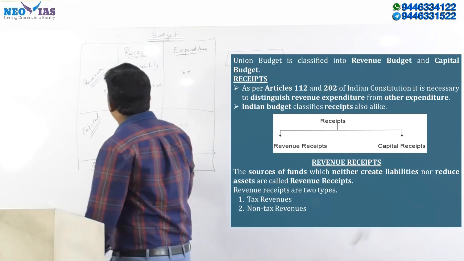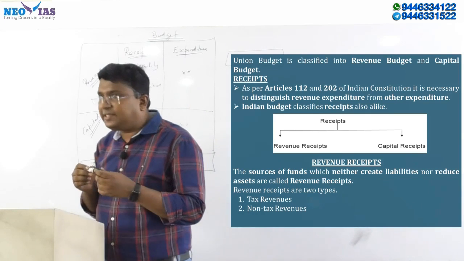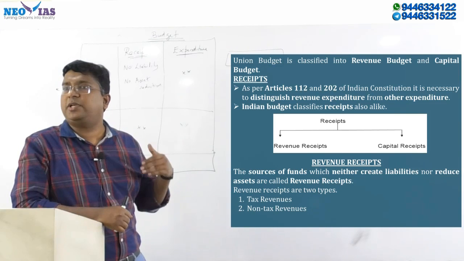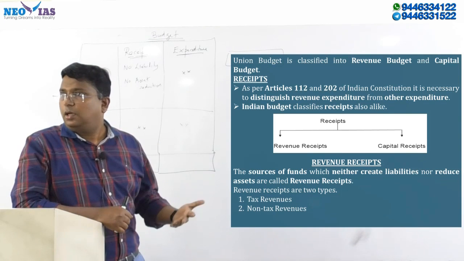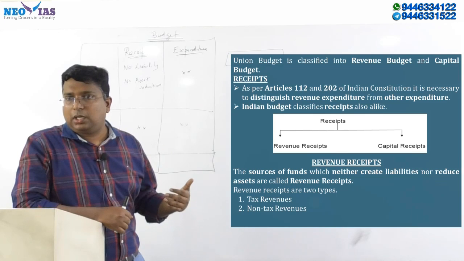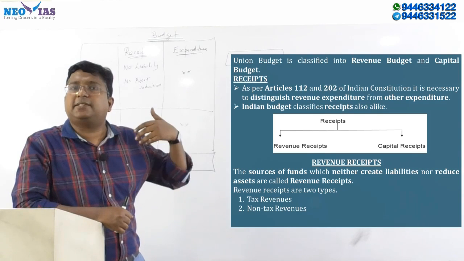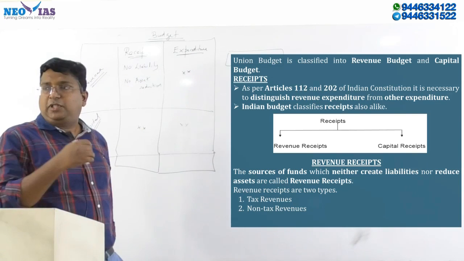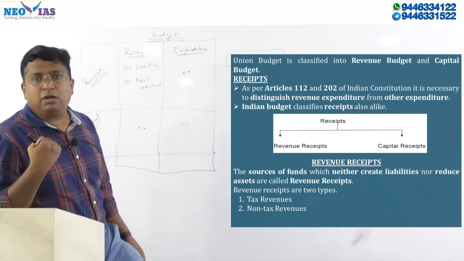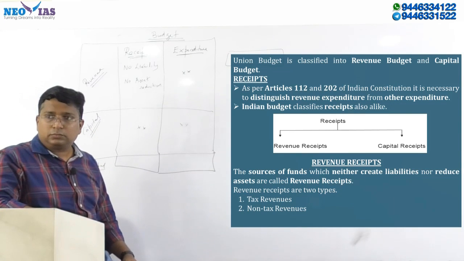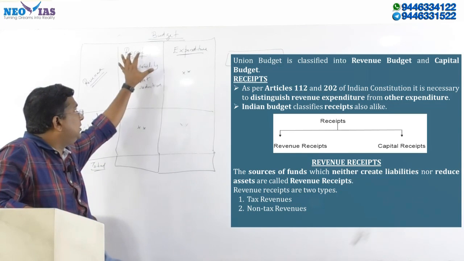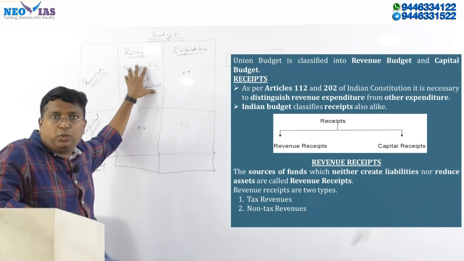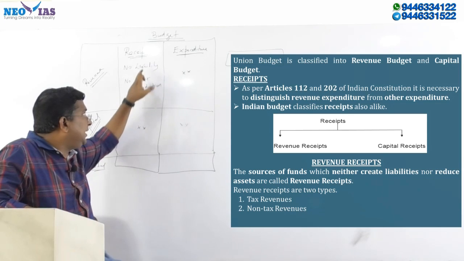The government also has assets: public sector enterprises, land. So without selling any asset, without any asset reduction, and without having any liability, if the government is getting any receipt, that receipt is what is called revenue receipts. So we have to see both asset and liability.